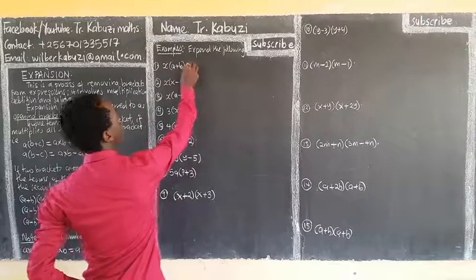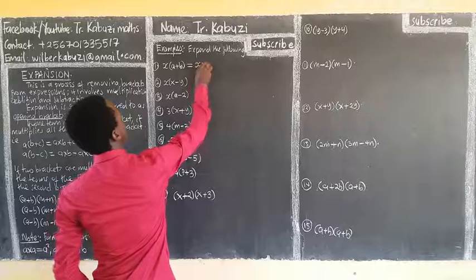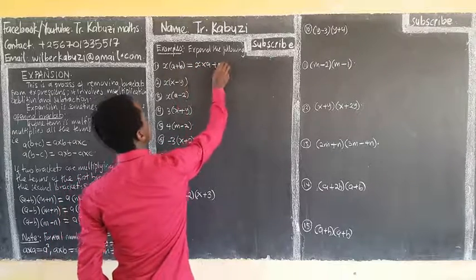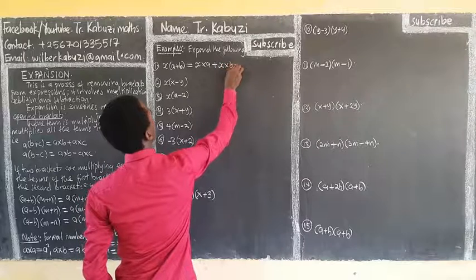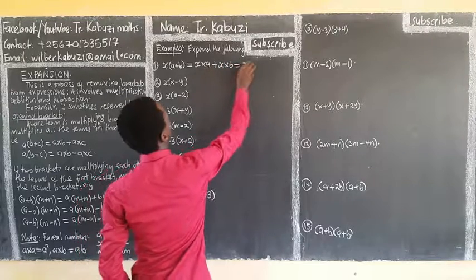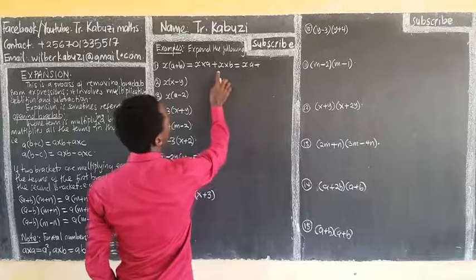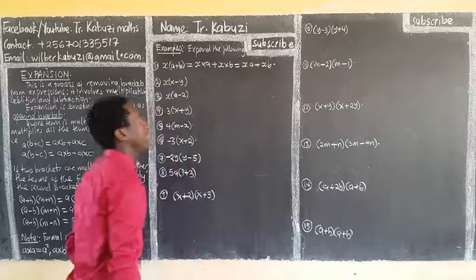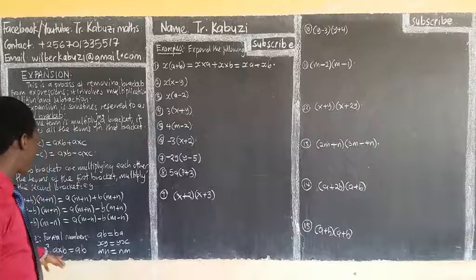What you do, you get x times a, the sign in between, x times b. When you get this and this, you get xa. Then plus x times b, you get xb, as we say. From here, A times B, you get AB.